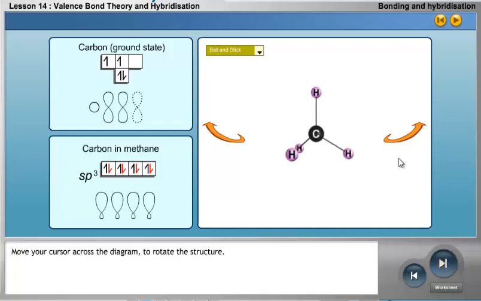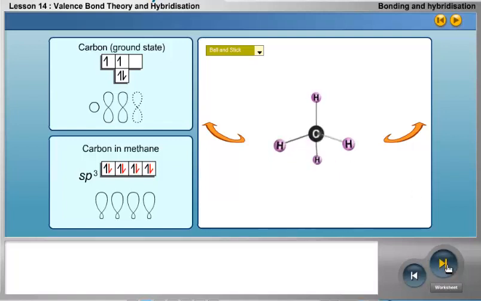Move your cursor across the diagram to rotate the structure. What is the angle between any two of the covalent bonds in methane? Answer: the tetrahedral angle of 109.5 degrees.